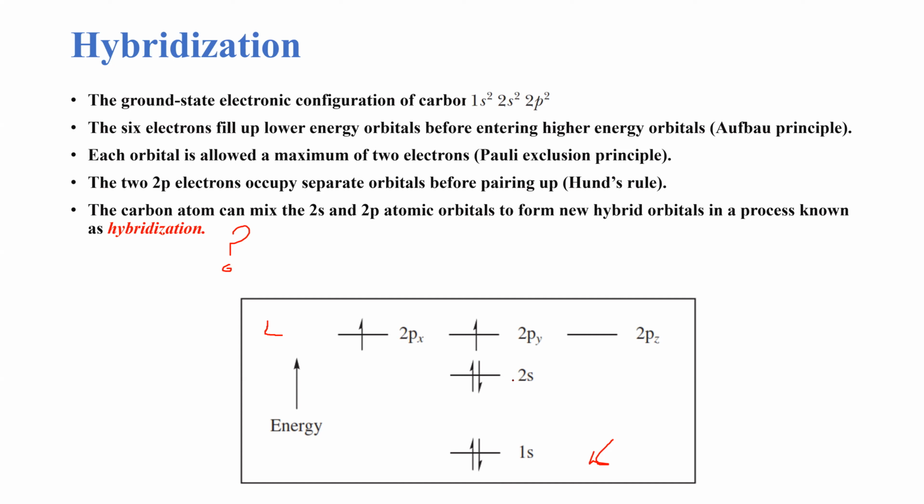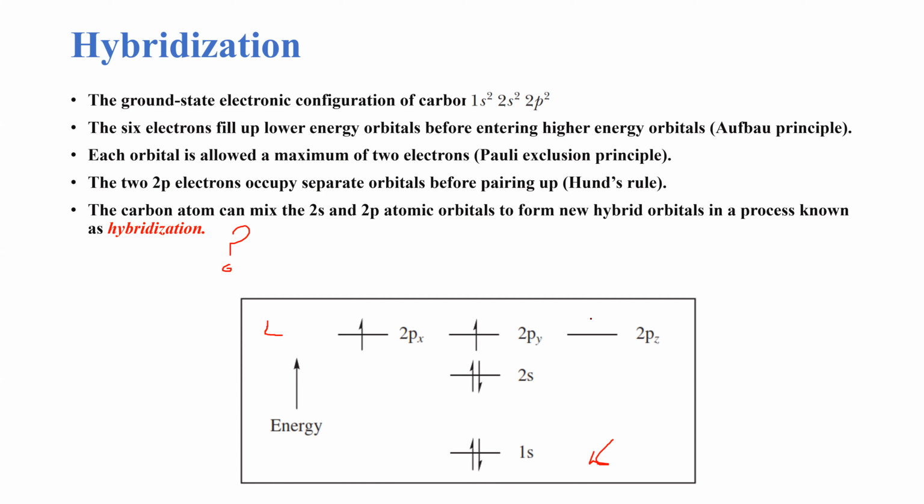So they are sharing electrons with each other. Now if you look at this, this is 2px, 2py, and 2pz. So 2pz is totally vacant. For making a covalent bond, there needs to be sharing. So this is totally empty or vacant. The other element will not give both electrons, the electron pair, to carbon by itself.